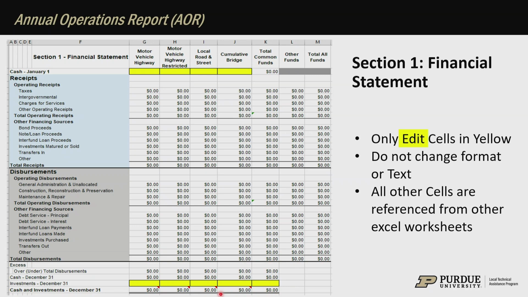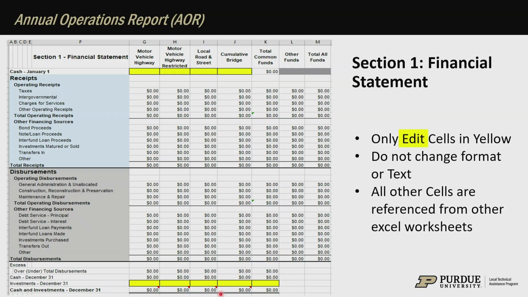Those all have to stay the same, as well as all the funds and column headers along the top. So the motor vehicle highway, restricted, local road and street, Cume Bridge, total common funds, other funds, total all funds. Those will all make more sense as I walk through the receipts and disbursement sections, but please don't change any of those. Only put numbers into the highlighted yellow cells.